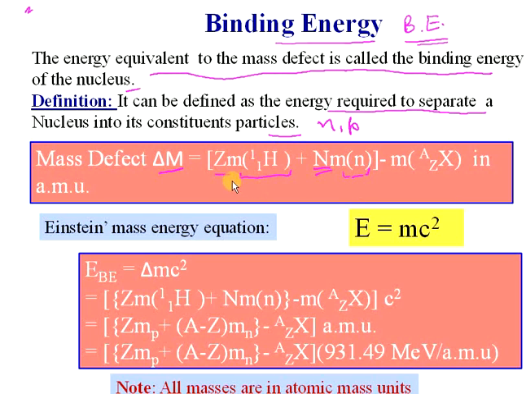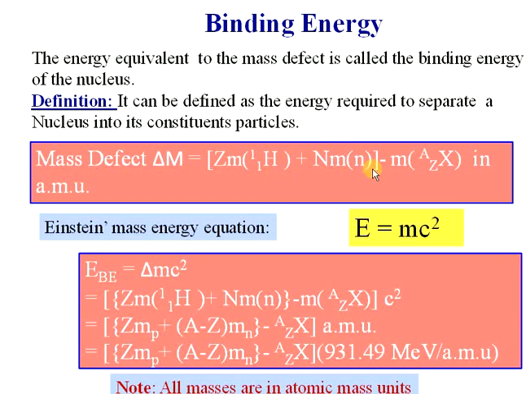If we take the sum of these two constituent particles in the particular nucleus and subtract the actual nuclear mass, we get the mass defect. If we multiply this mass defect with c square, we get the Einstein mass-energy equivalence relationship, delta E equals delta m c square, where delta m is the mass defect.